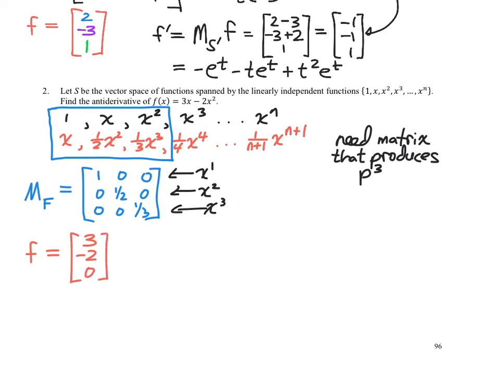Because it's still the same structure. Whatever the structure is of your transformation matrix, which is MF, has to be the same as the vector that defines the function itself. All right. So F of x is going to be MF as a product with f.